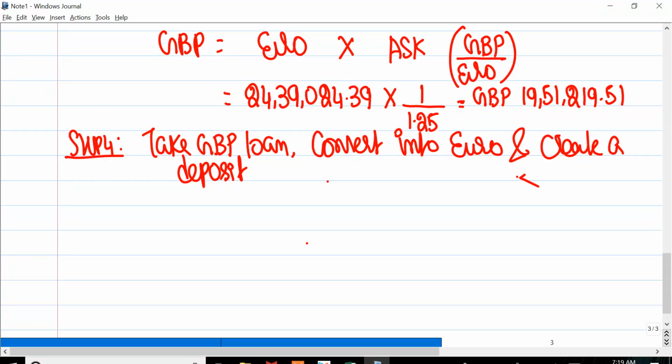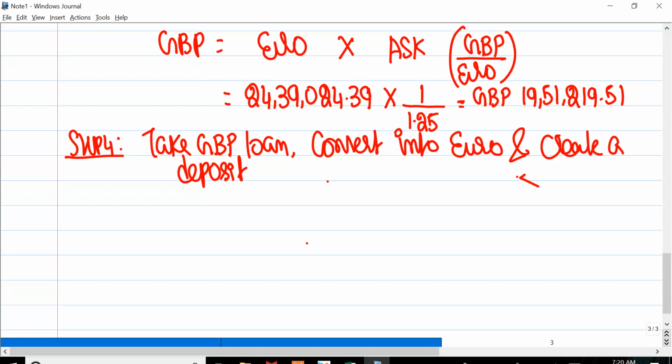In the last problem, when we did step 2, step 3, take GBP loan was step 2, conversion was step 3, and create a deposit was step 4. We had written it separately. Now we have done the reverse working, and I am writing it as a single line entry here. We had done the calculations as well as created the deposit directly.